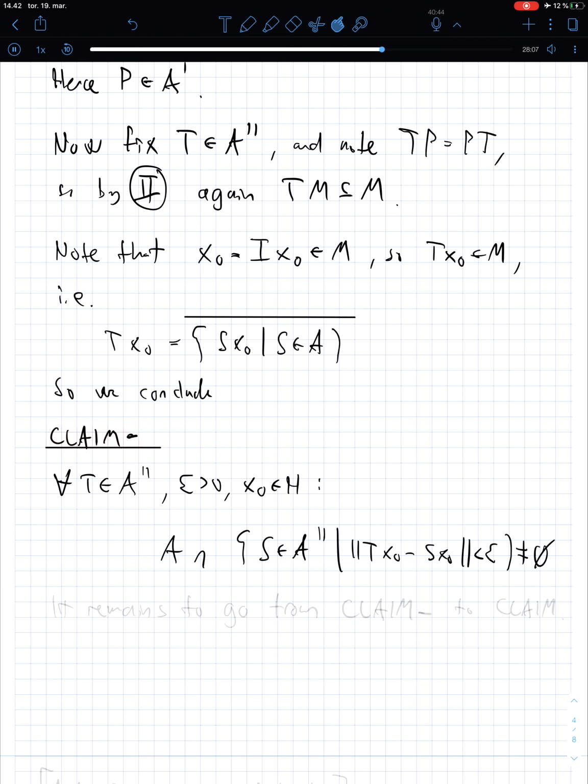So I'm going to have to work to get from claim minus to claim.